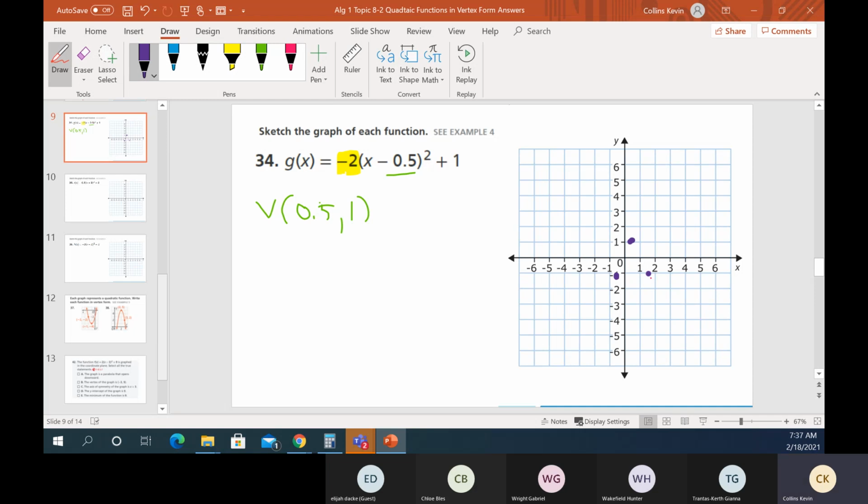Now, if you wanted more points, all you have to remember is, like I say, when you do 1 squared, that's just 1, right? But then you multiply it by the 2 out front. So that's why we went down 2 in both cases. Now, if I increase by 1 more, then that would be increasing by 2. 2 squared, 2 times 2 is 4.